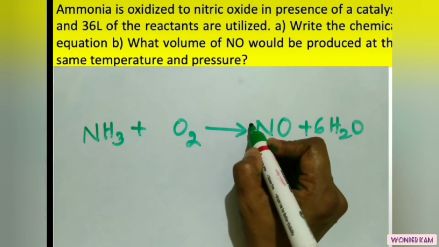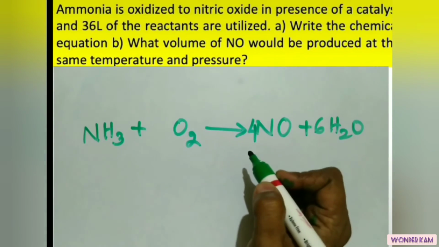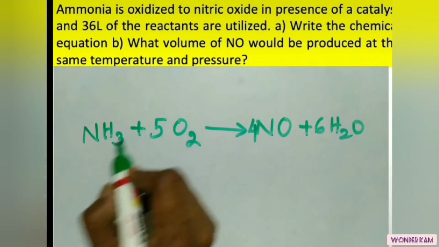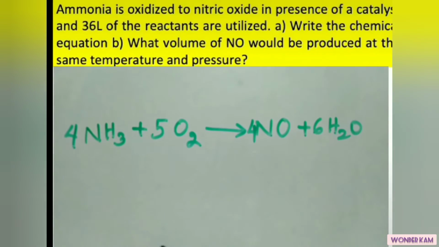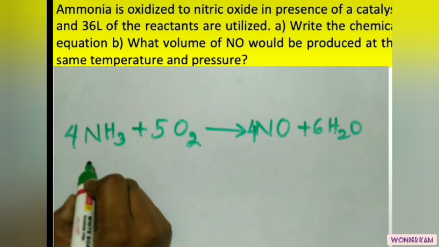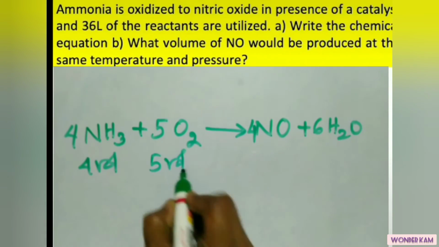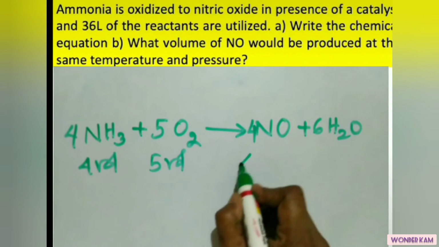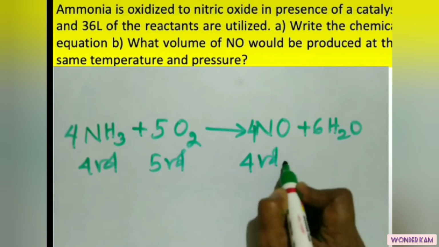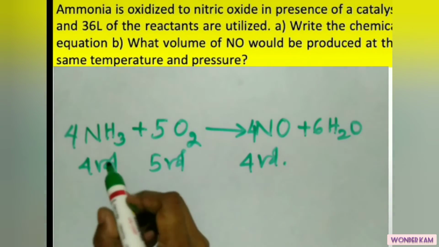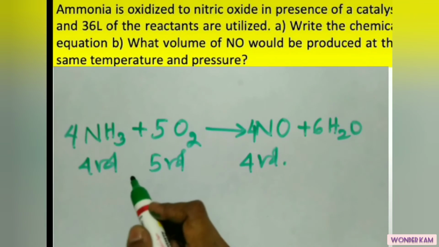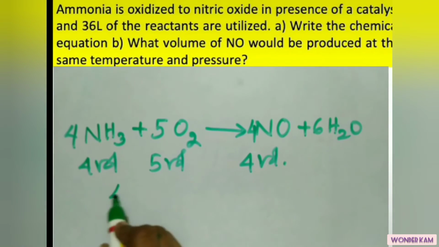Let's balance this one. This will be 4, 5, and this is 4 ammonia. That means 4 volumes of ammonia react with 5 volumes of oxygen to give 4 volumes of nitric oxide. So the ratio of reacting ammonia with oxygen is 4:5.